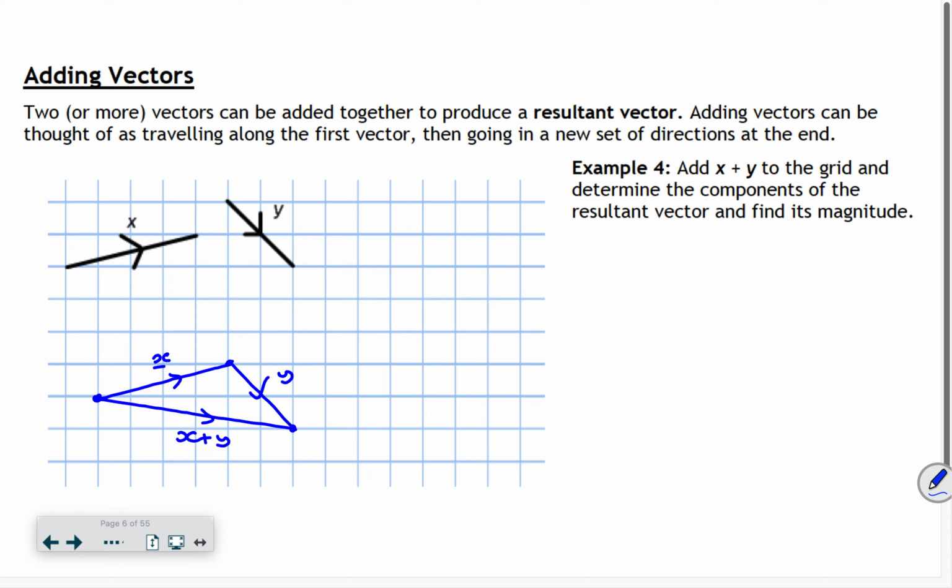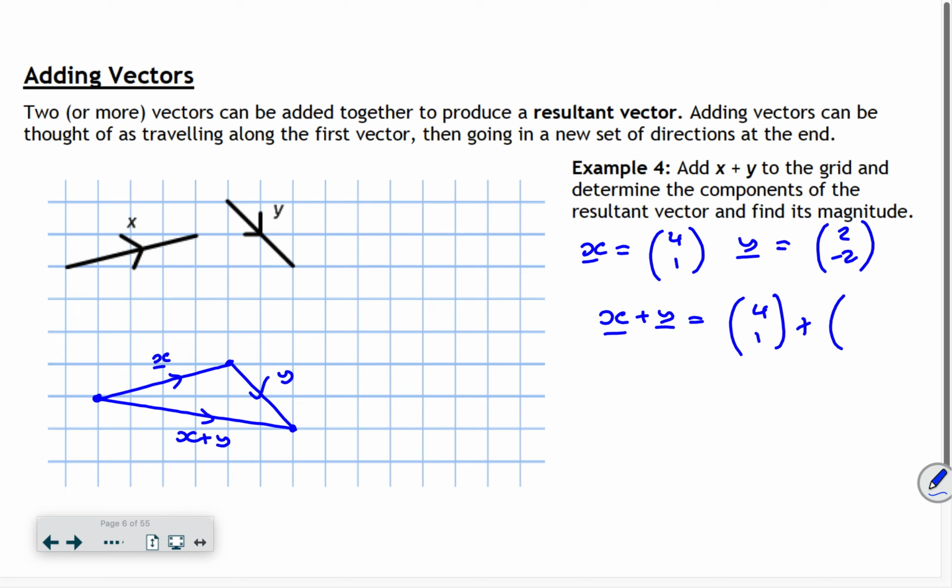If I was to look at the vectors in terms of their components, I can say that vector x is the vector 4, 1. Vector y is the vector 2, negative 2. So if I was to work out vector x plus y, that's just the same as me doing vector x, which is 4, 1, plus vector y, which is 2, negative 2, which will give me 4 plus 2 is 6, and 1 plus negative 2 is negative 1.